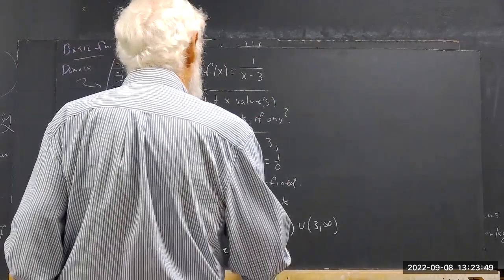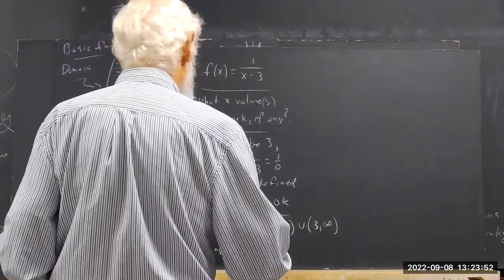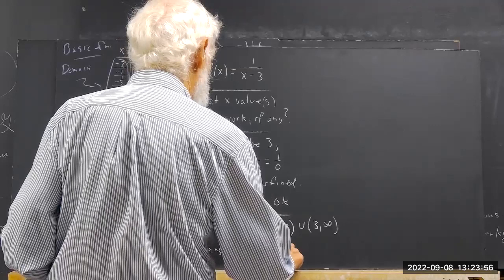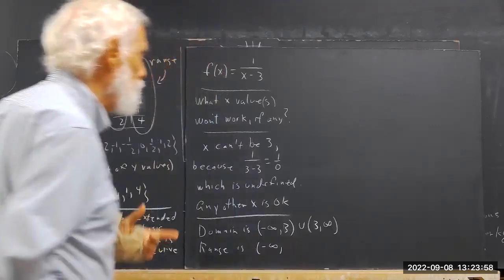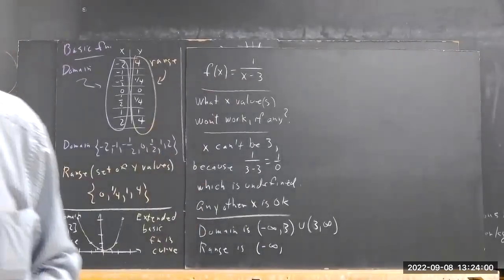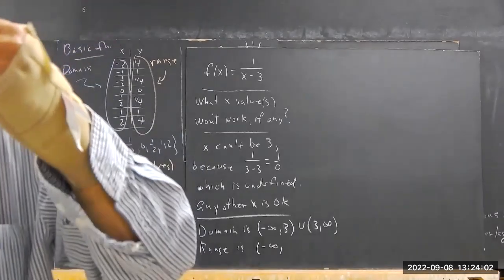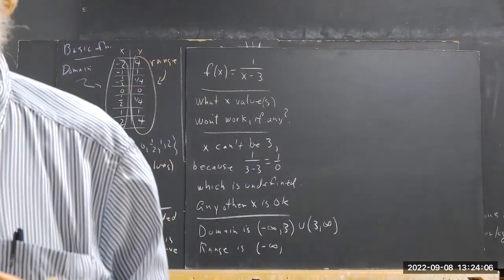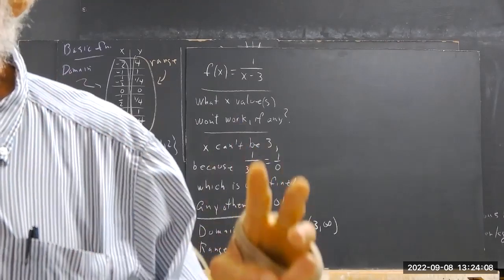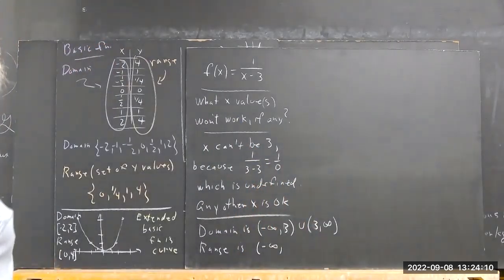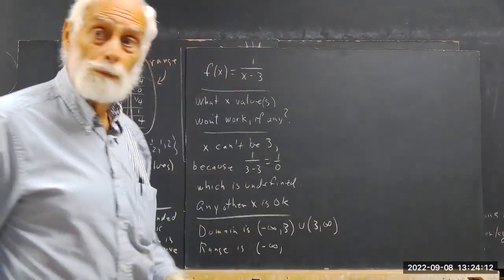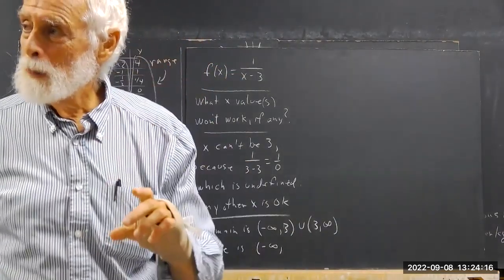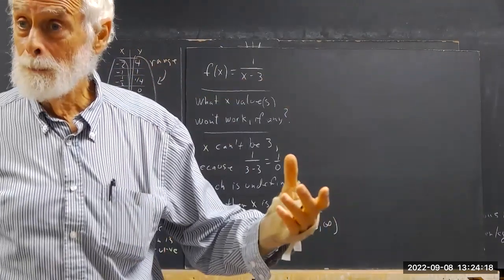So for that reason, and OpenMath will give you more explanation, the range is... now there's only one number that you can't get. What number can't you get if you divide something into 1? No, you can get 3. If you divide 1 by 1/3, go back to your fractions, 1 divided by 1/3 gives you 3, right?